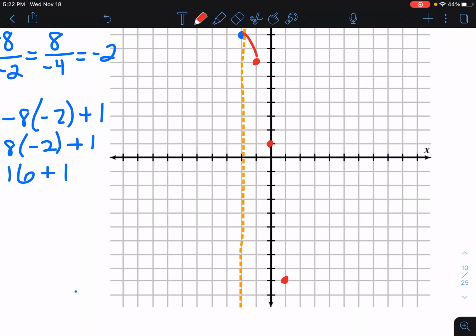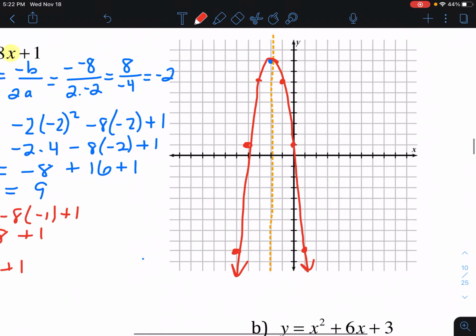So that'll form the right side of the parabola, and then form the other side with the points on the other side of the axis of symmetry. Let's say here, and there. 1 away, 2 away, 3 away. And then you have a very stretched out parabola.